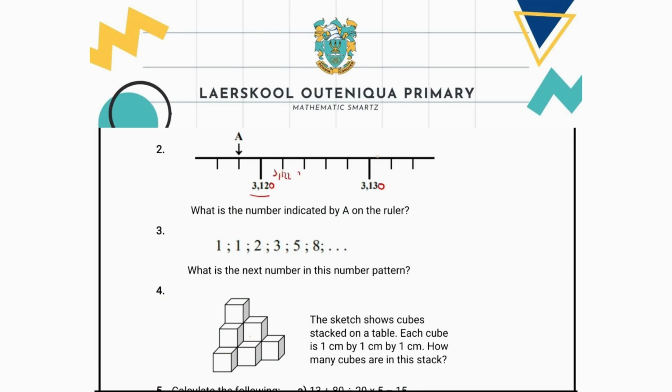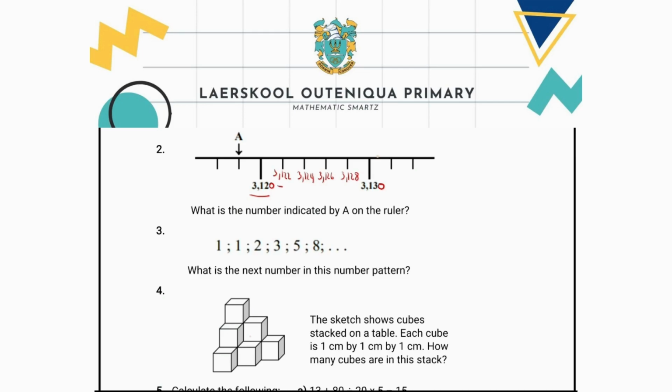Therefore, I'm going to add this to my given number. 3.122, 3.124, 3.126, and 3.128. But I haven't answered my question. What is the number indicated by A? Well, I know that A comes before 3.12.